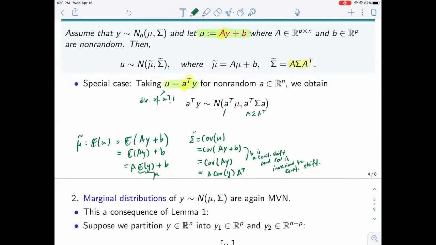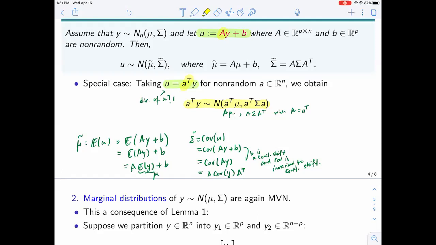So you apply that result with A being A transpose, and you get this interesting result. Because this is a univariate random variable, the multivariate normal distribution here is just the usual univariate normal distribution. So A transpose Y has the usual univariate normal distribution.